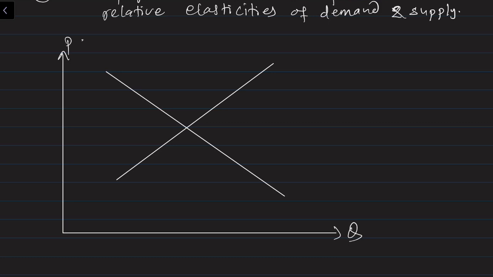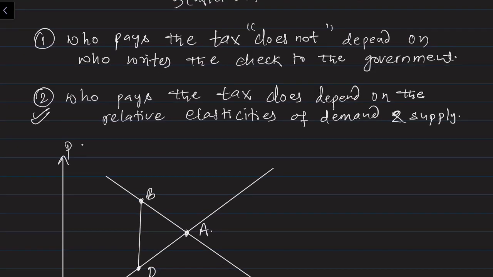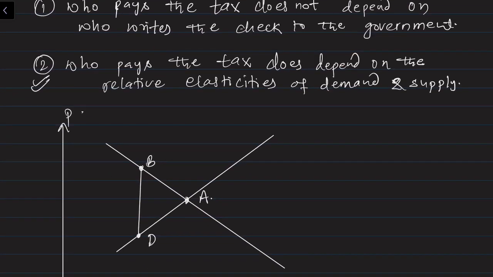And let's say this is the tax wedge. So this is the price paid by buyers. This is the price received by sellers. And this is the old equilibrium. Let's say this is A. Now, I'm going to explain the second point, how it is dependent on elasticities.